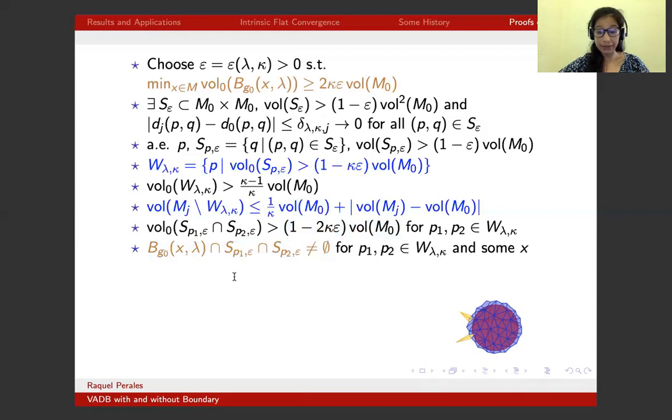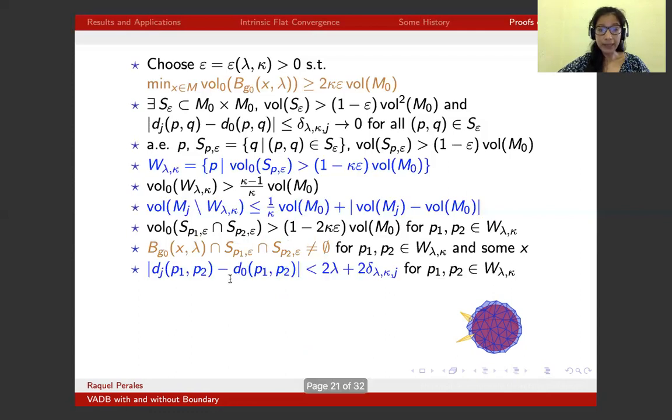Once I have these points, I can calculate the distance between two points P1 and P2 in W lambda kappa. What we have to do is use the triangle inequality. Because this intersection is non-empty, there is a point in the ball that is also in sp1 epsilon and also in sp2 epsilon.